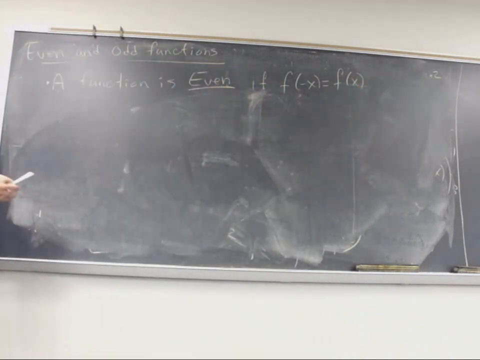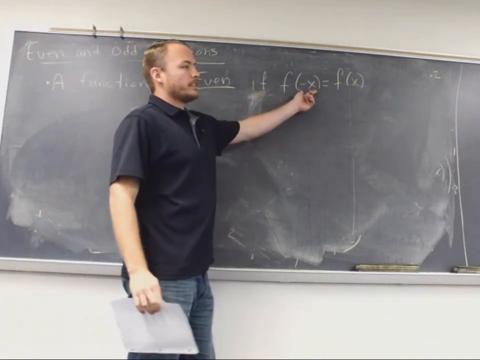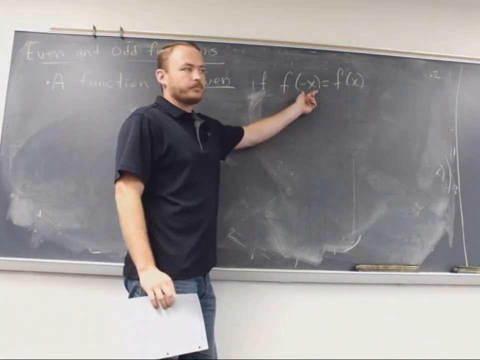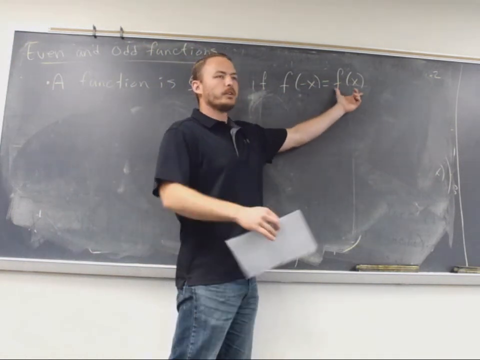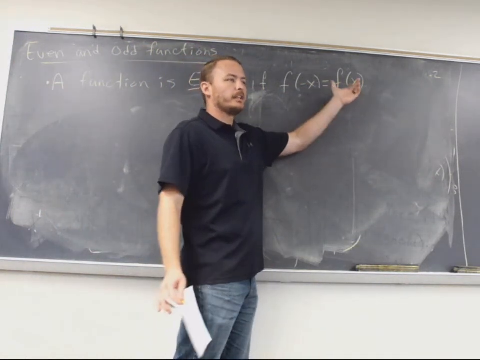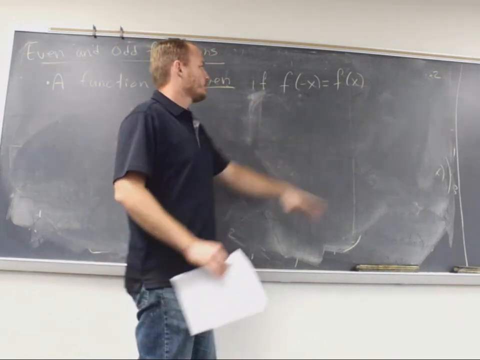So we take a negative x and plug it into our f function, and after we simplify, if we wind up with our original function, then that's an even function.